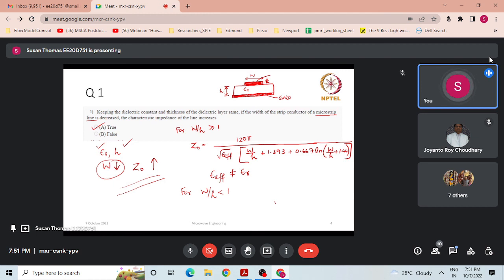The question is, if you keep epsilon r and height, I mean the dielectric constant and height, constant, and you reduce the width of the strip, what will happen to the characteristic impedance of the transmission line? So H is kept constant, epsilon r is kept constant. If you reduce W, what will happen to Z naught? Z naught is definitely going to increase.